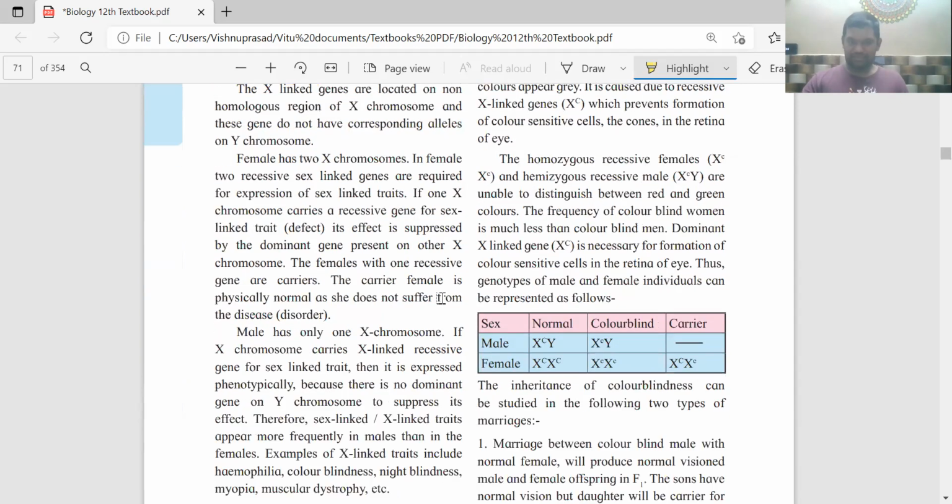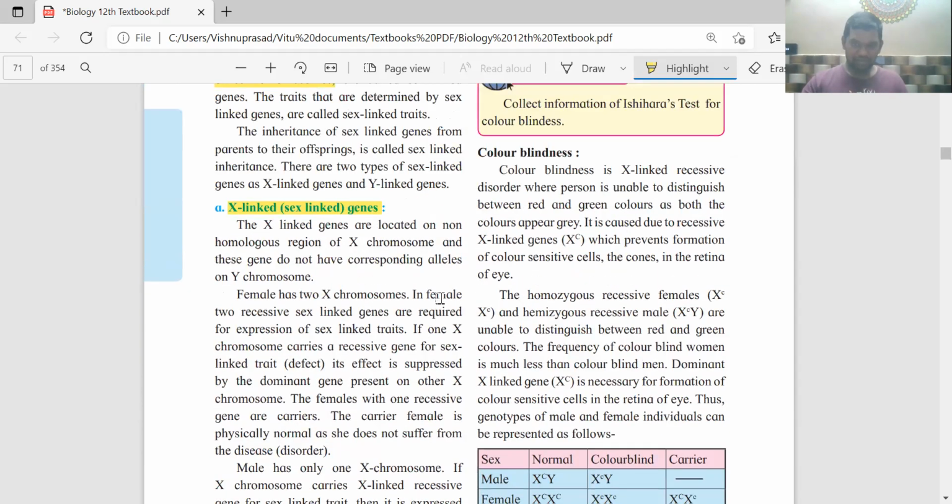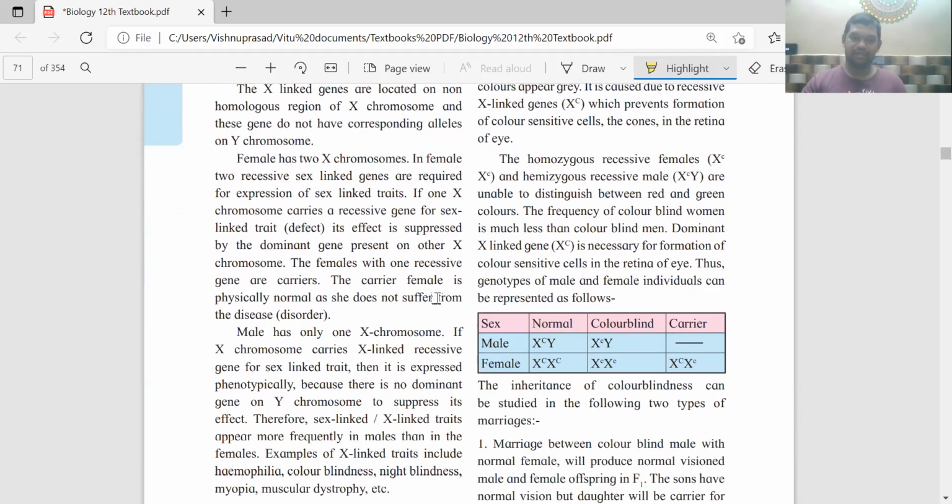First we will talk about red-green color blindness directly. Color blindness is one example we are talking about, and that is applicable for human beings.